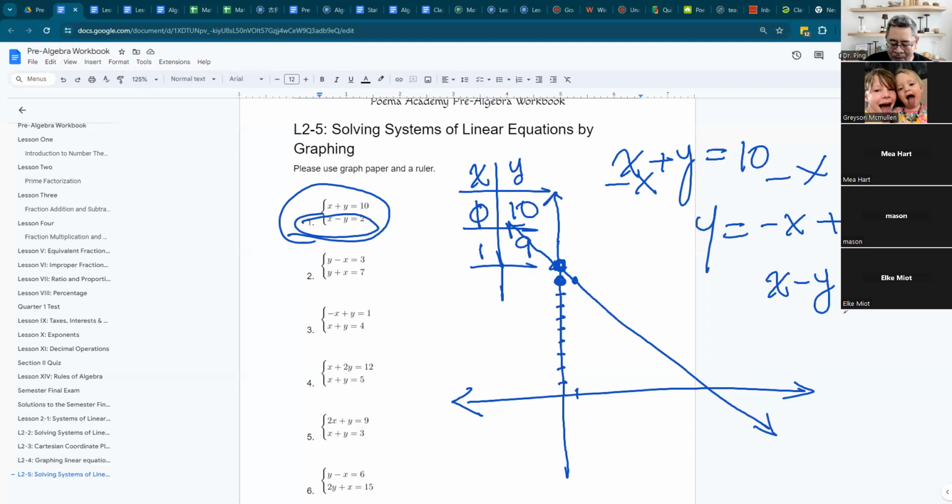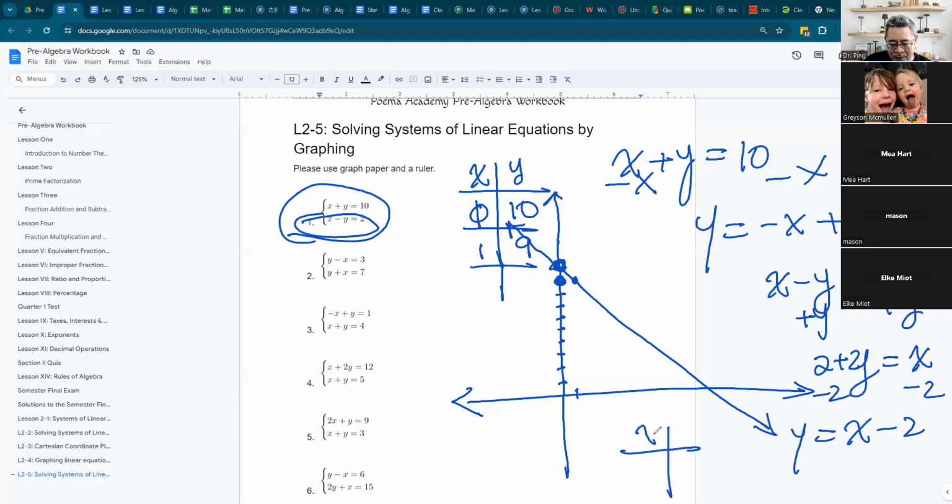It's really up to you. In this case, I can just add y on both sides. What we got is 2 plus y is equal to x, then minus 2 on both sides, then y is x minus 2.